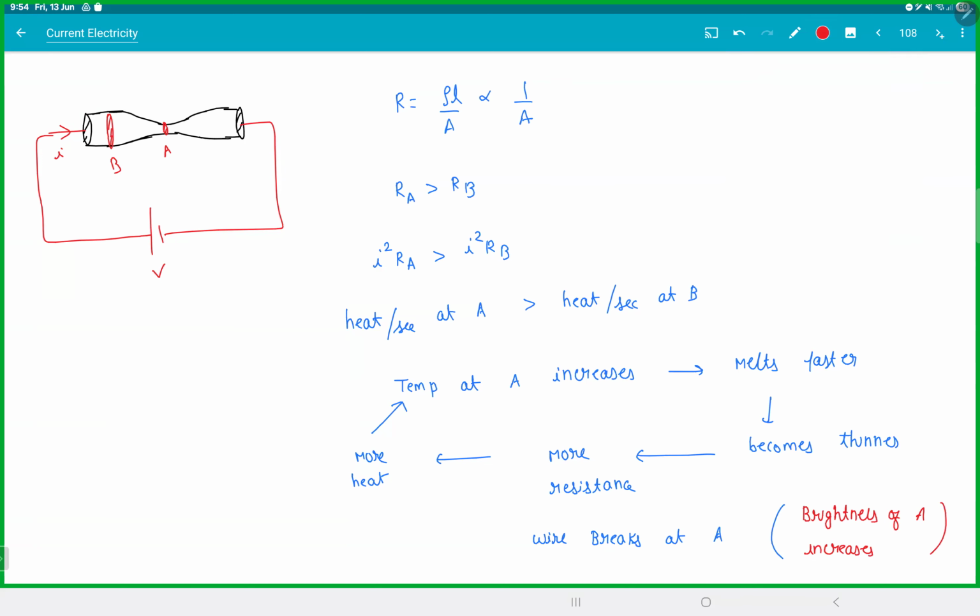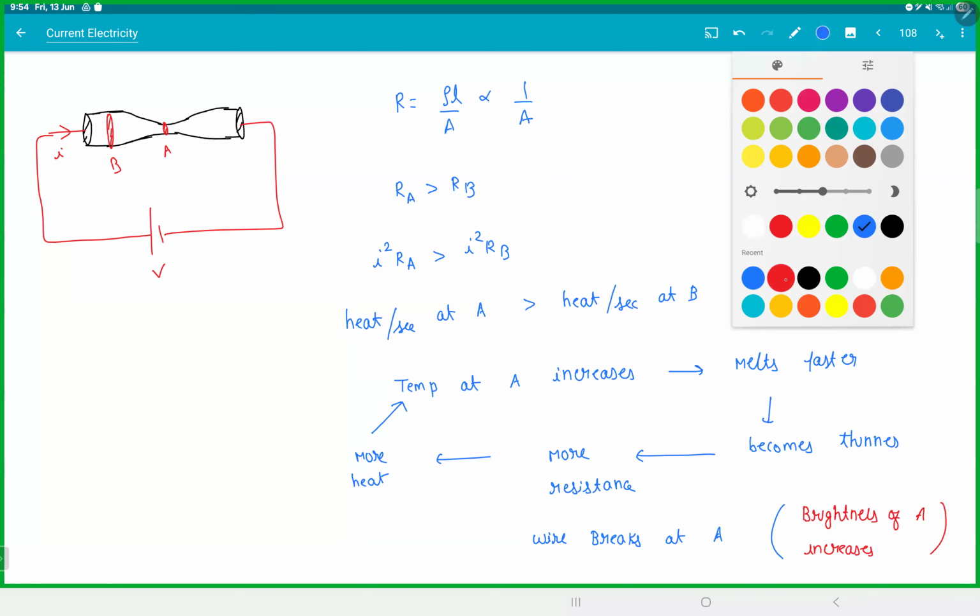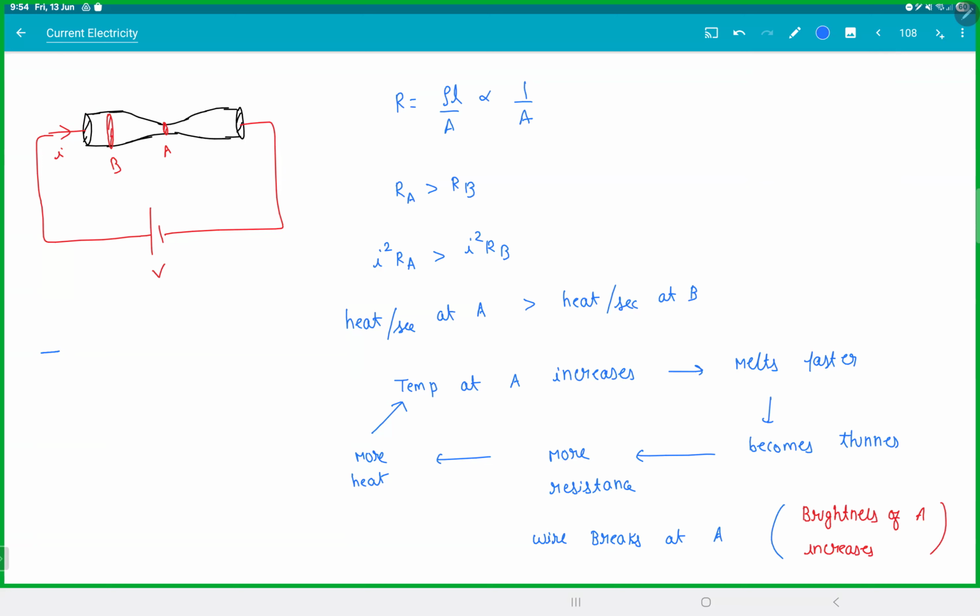If you just look at the whole wire comparison, the point A keeps becoming brighter and brighter. But the overall bulb, if you see, this is RB and this is RA, whatever, the overall resistance increases. Since the filament becomes thinner, resistance increases.